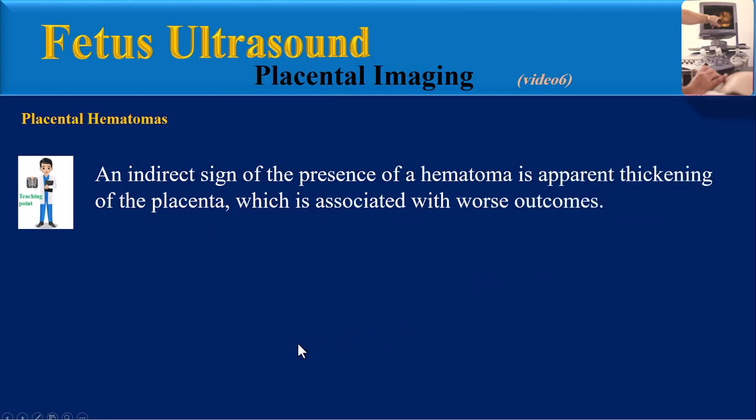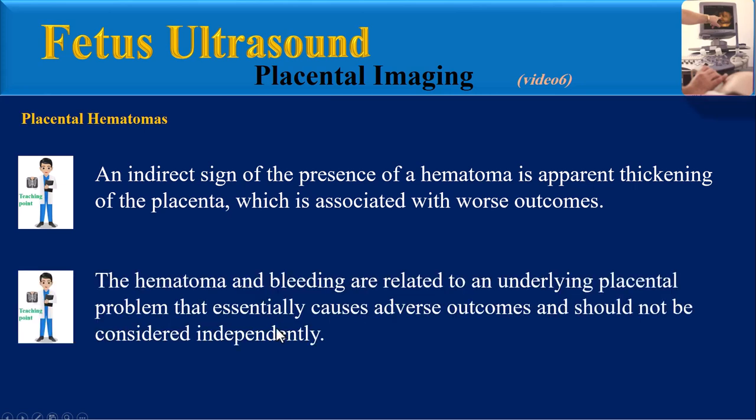An indirect sign of the presence of a hematoma is apparent thickening of the placenta, which is associated with worse outcomes. The hematoma and bleeding are related to an underlying placental problem that essentially causes adverse outcomes and should not be considered independently.